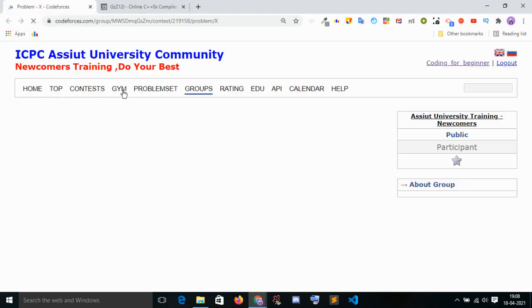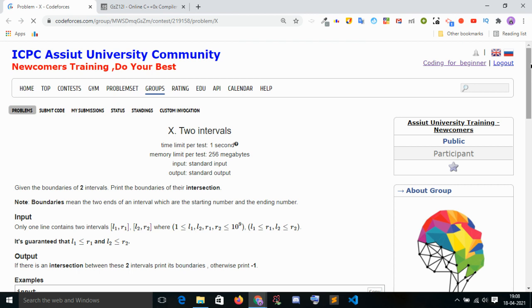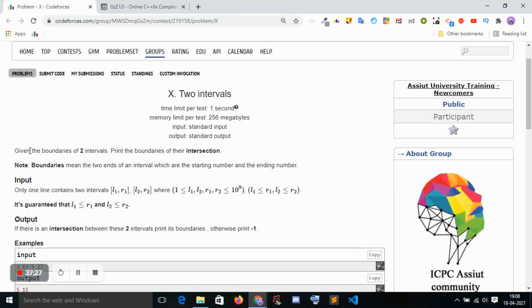Let's do the last problem, two intervals. Given the boundaries of two intervals, print the boundary of the intersection.